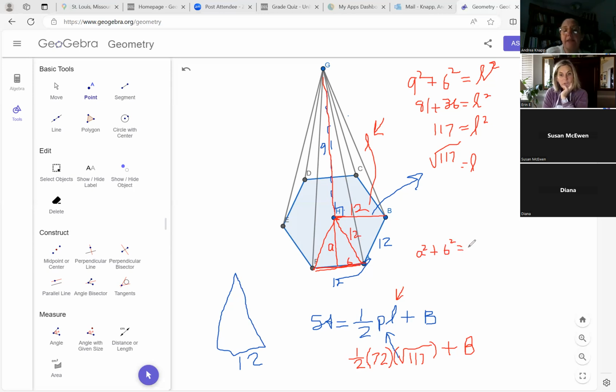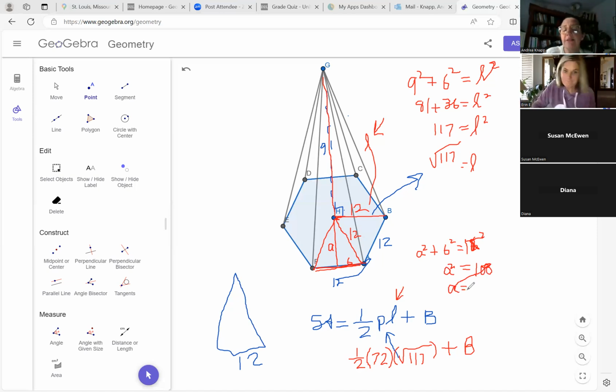I'll go back and fix that one once we get this one done. 12 squared is 144. 6 squared is 36. 144 minus 36 is 108. And then we can take the square root of both sides, ignoring the negative because we have a length. The square root of 108.